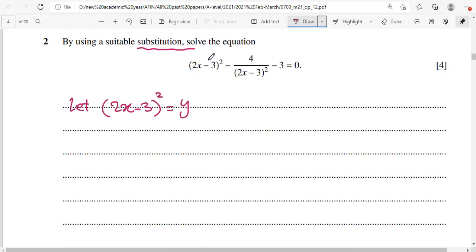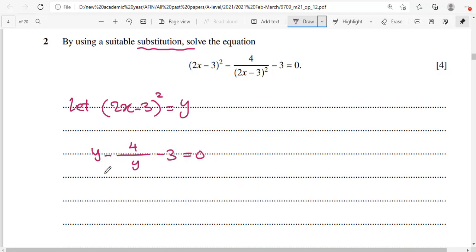Then here it will be too easy to solve. I will have y and y here. Okay, let's rewrite the equation. Substitute in place of 2x minus 3 squared y. Then we will have y minus 4 over y minus 3 equals 0.